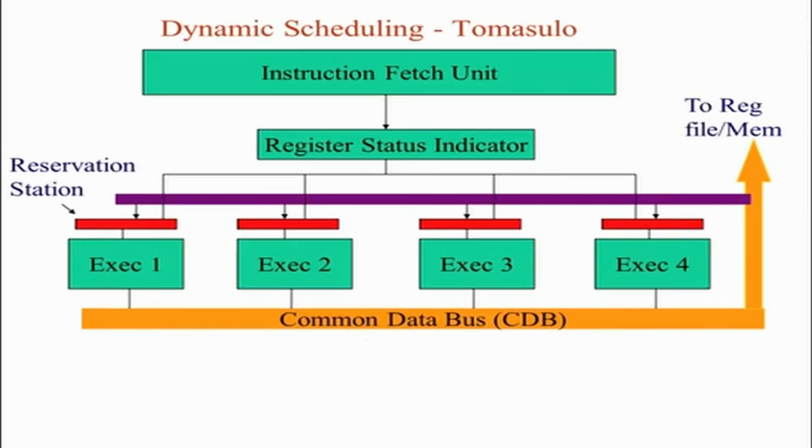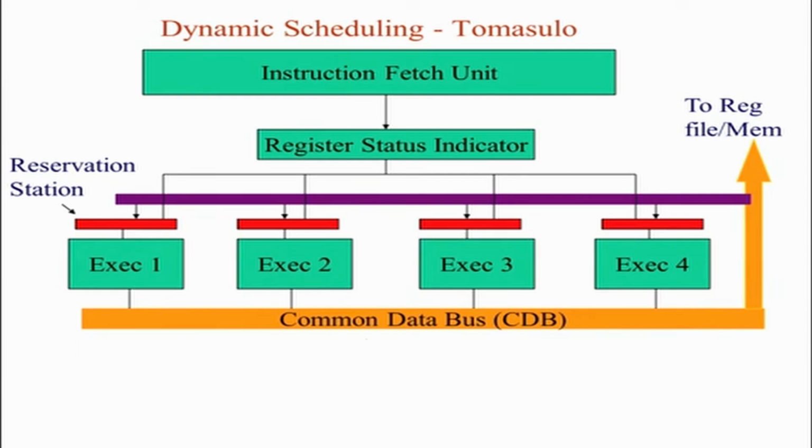And then there are reservation stations marked red. If an instruction has to wait for some answer, it will wait there and it will know which unit is producing that. Every execution unit, when it finishes, puts the result on the common data bus, along with the unit number.